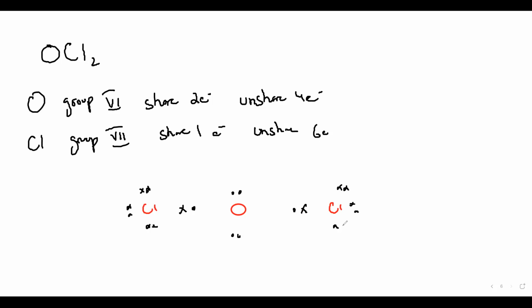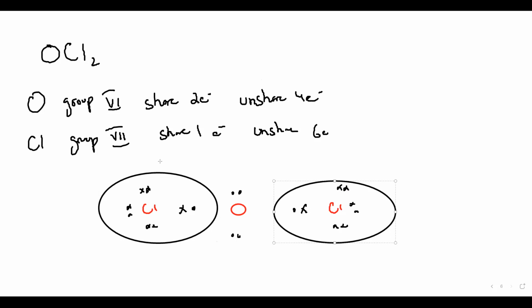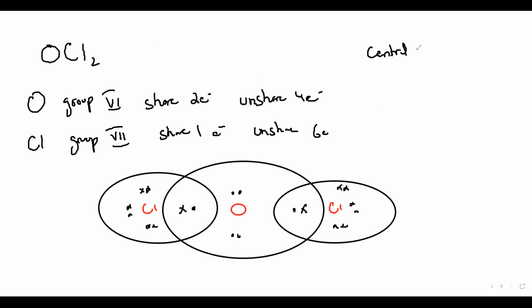chlorine. When we predict the geometry, the shape, we always predict from the central atom. So we don't check all the atoms, even though chlorine also has lone pairs, 6 electrons as lone pairs. But when we predict the geometry, we always check the central atom, which in this example is oxygen. When we check oxygen, how many bond pairs are there?